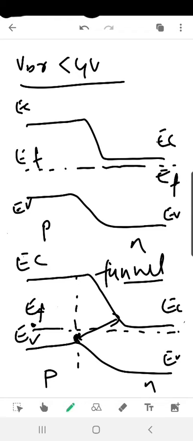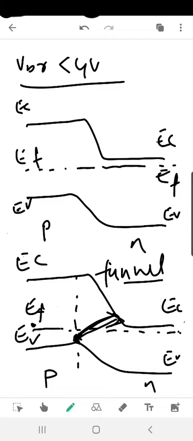During the crossing of the bands, the empty states of the n-type semiconductor align opposite to the filled states of the p-type semiconductor. Since the barrier separation is narrow, the electron tunneling process occurs, and the electron from the filled state of the p-type semiconductor will tunnel to the empty state of the n-type semiconductor.